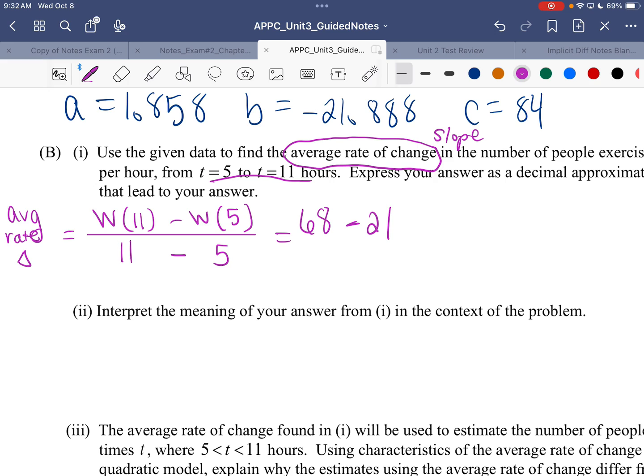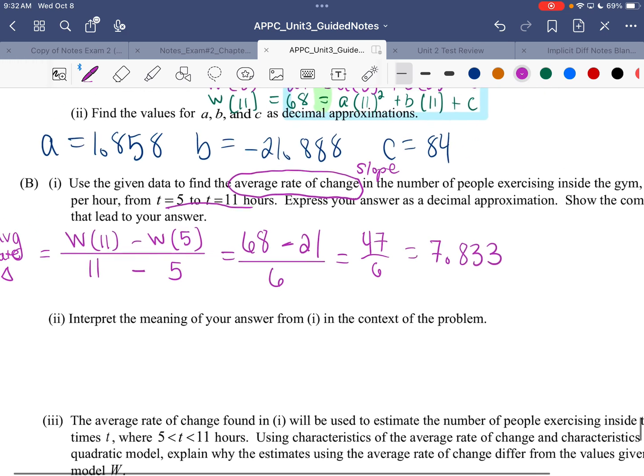That would have been funny. 68 minus 21 over 6. Express your answer in decimals. Just use Desmos. Do 68 minus 21 divided by 6. It's already open for you. It's 27 over 6. But we need decimal. 7.83. So we'll round to 3 decimal places.